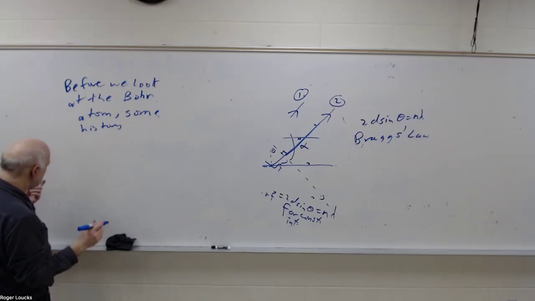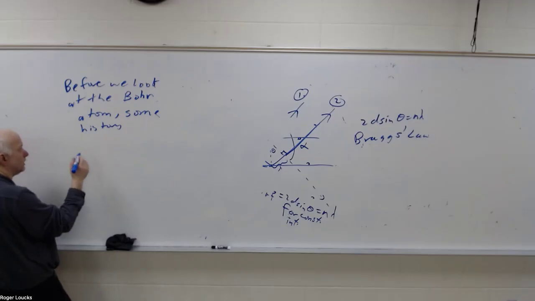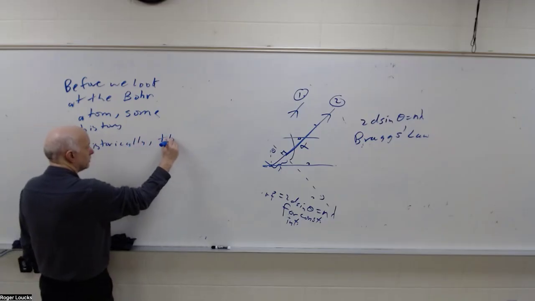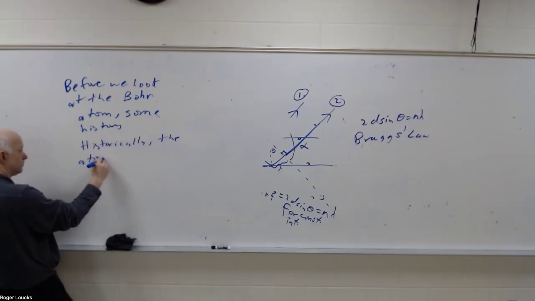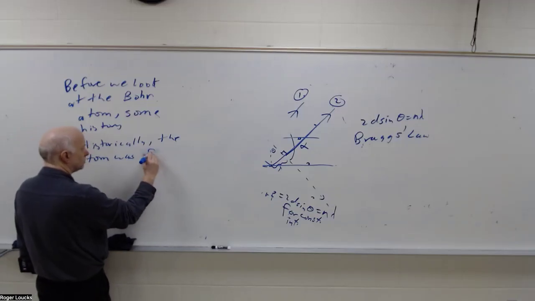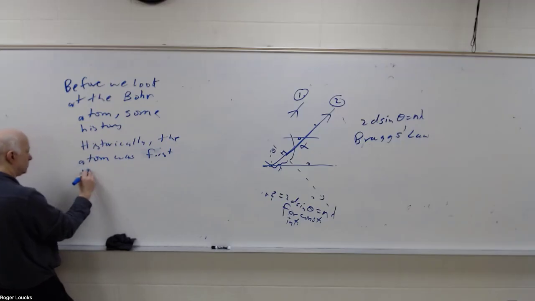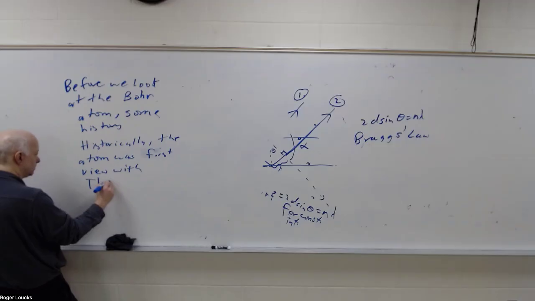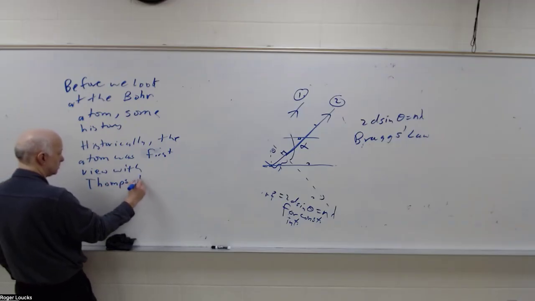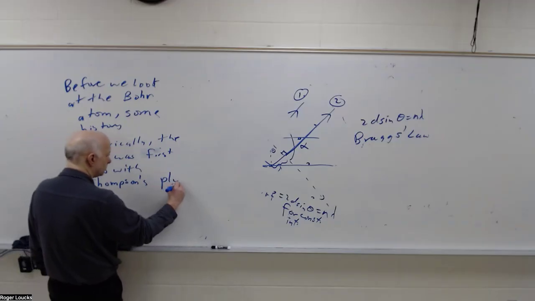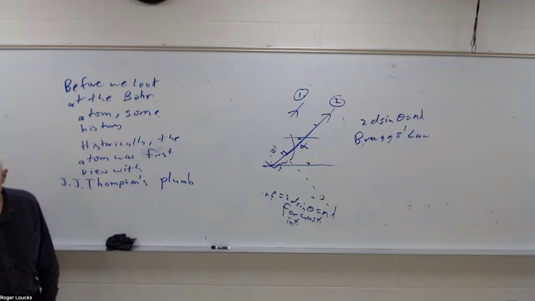Two things that are historically important: the atom was first viewed with J.J. Thomson's plum pudding model. And it is actually called a plum pudding.